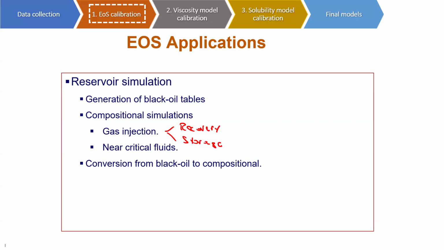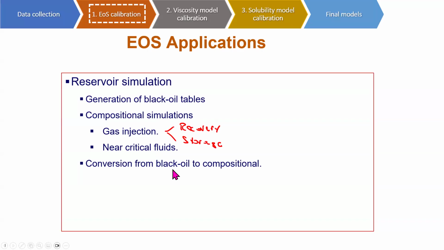I need a calibrated equation of state to predict the behavior of this gas in the porous medium. Near-critical fluid is one kind of miscible method, so you can inject near-miscible gas in a reservoir. It's a recovery method as well, so you need the equation of state to do this.